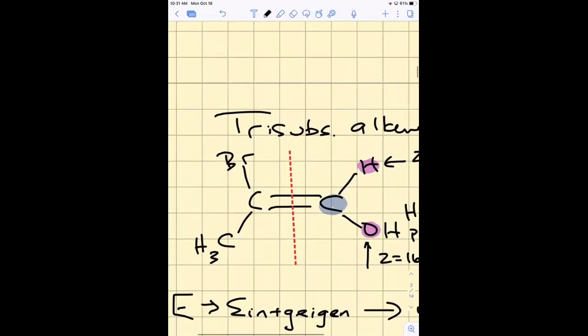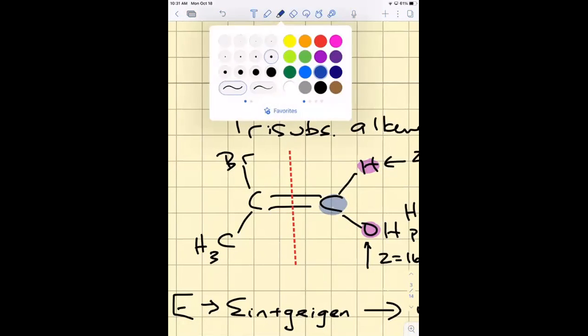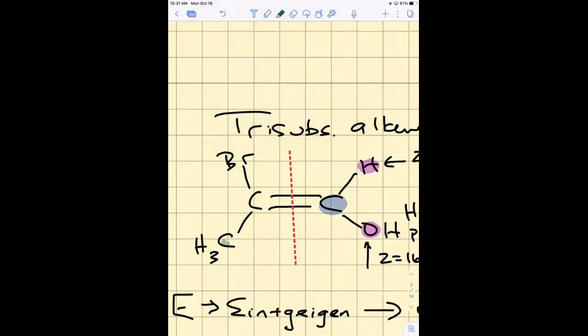On the other side, what we're looking at is carbon and bromine. Sometimes there's a temptation to try to add up the numbers. Don't do that. Just look at the atom that's directly attached to the carbon.